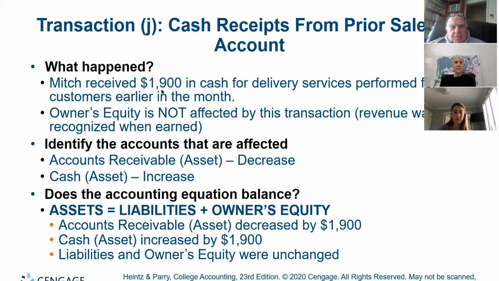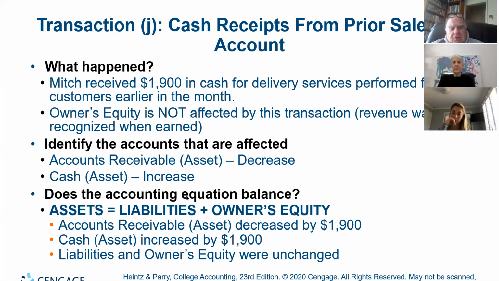One of them paid off their balance. $1,900 in cash we got for delivery services for the revenues we recorded a month ago. Owner's equity is not going to be affected because we already recorded the revenue last month. All we're doing here is swapping assets now. Our cash, our favorite asset, went up by $1,900 and the receivable went down.